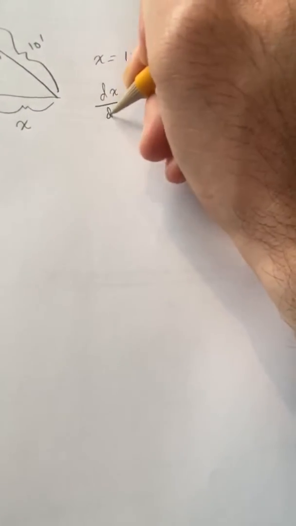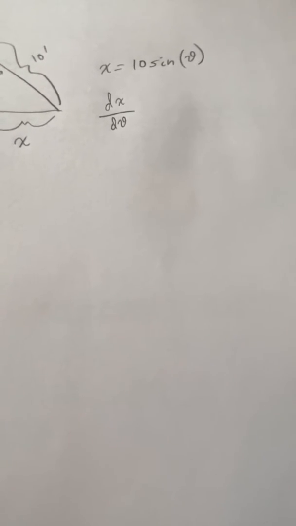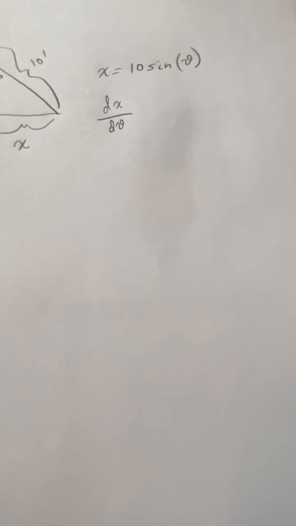And so if we want to know the rate at which x is changing with respect to theta, we do dx d theta. Remember that the derivative is not just a slope. It does tell you the instantaneous slope of a graph, but when you're looking at it in the context of a word problem like this, it can represent any kind of rate of change.